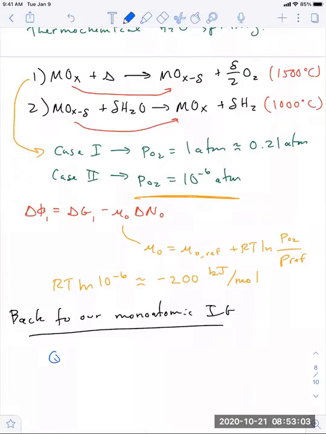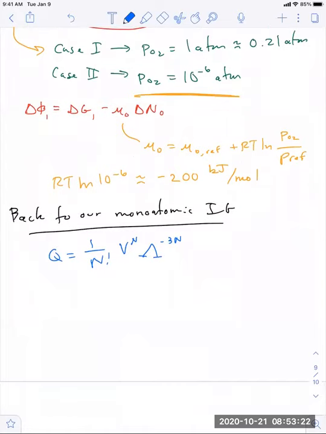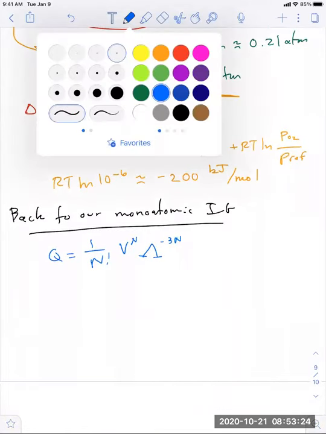So just to remind you what our overall partition function looks like. We have this term 1 over n factorial that comes from the Boltzmann approximation, times the volume to the nth power and the de Broglie wavelength to the minus 3n power. So similar to how we got the Helmholtz energy, we can also get the internal energy.